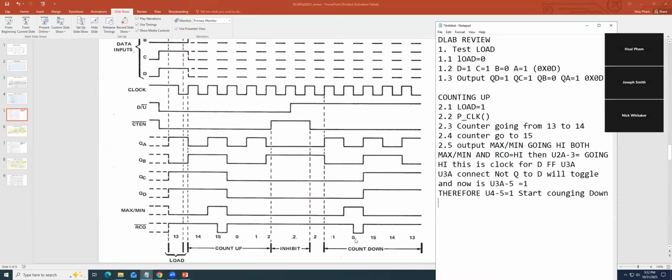Okay, so let's see, 0, they count down, they start go to 15, and then go to 14, and go to 13 again.